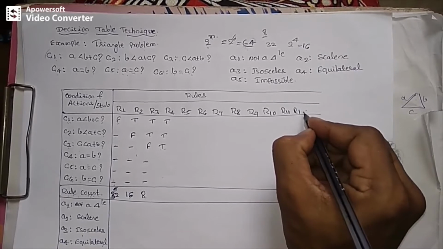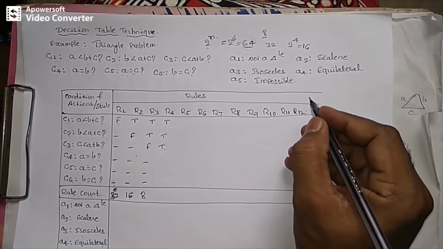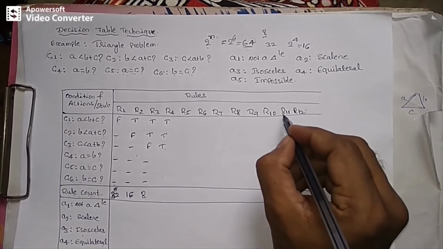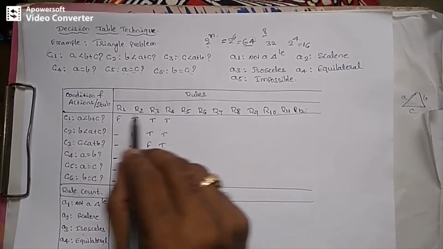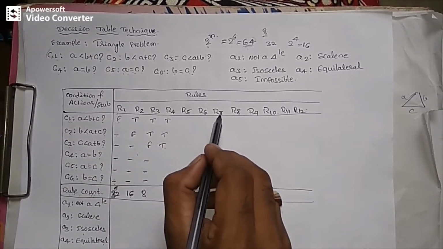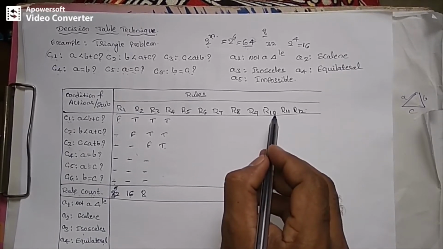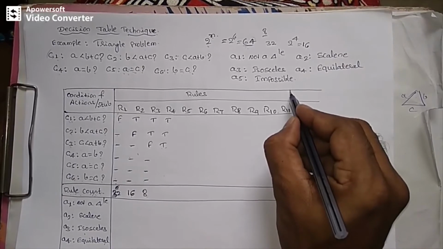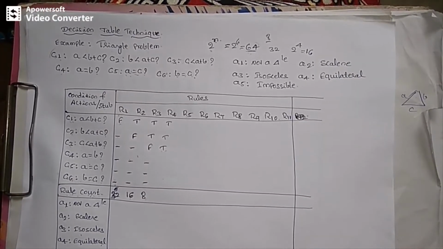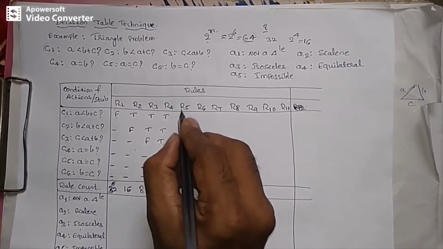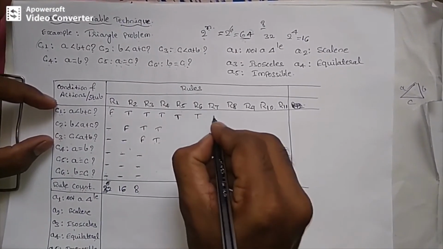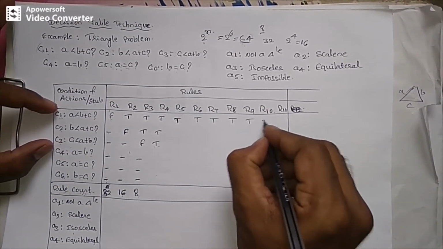Okay, enough. So 1, 2, 3, 4, 5, 6, 7, 8. We will stop here itself. Now I told you that for the remaining rules, these 3 conditions are true. I will just fill with true, true.